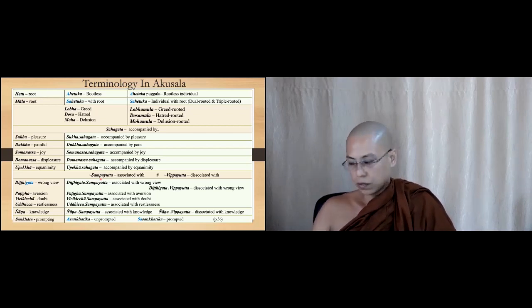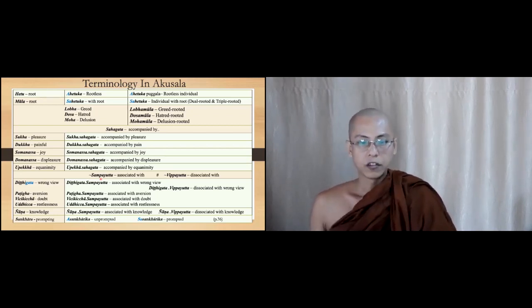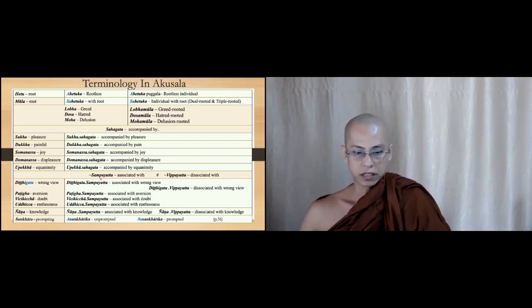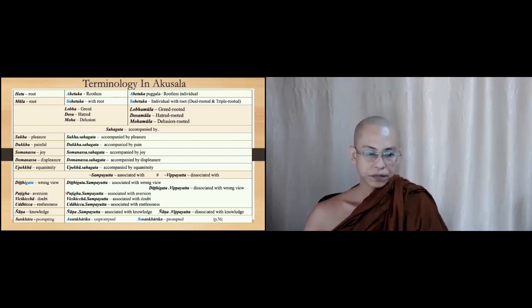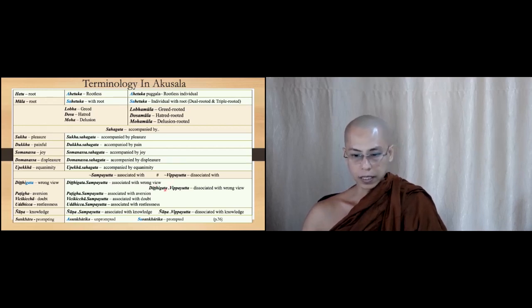You can find this usage in the 24 conditions of the Patthana: sampayutta paccayo, vippayutta paccayo. These come with some words, such as ditthigata, wrong view. Ditthigata sampayutta, associated with wrong view. If vippayutta comes together with ditthigata, it is dissociated from wrong view.